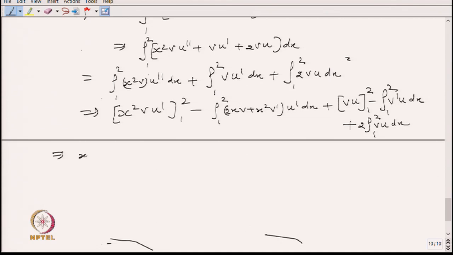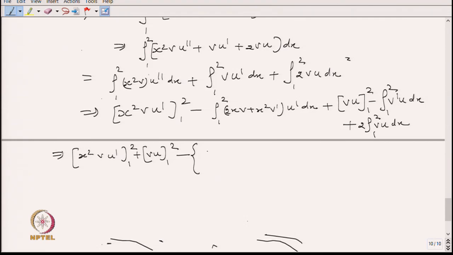So, it will be x square v u dash from 1 to 2, and this quantity plus v u minus, now this quantity I want to solve. So, if I want to solve this quantity, this is 2x v u dash and x square v dash u dash. So, from here I can separately write this one.